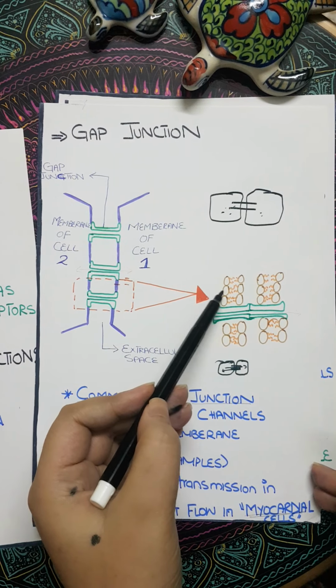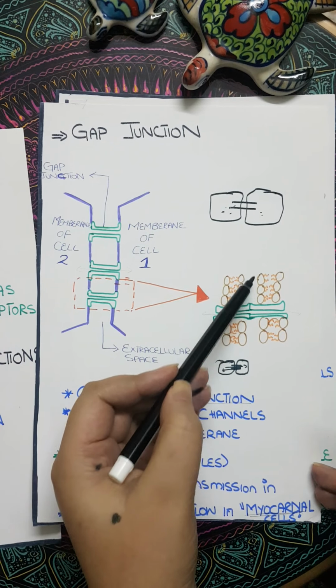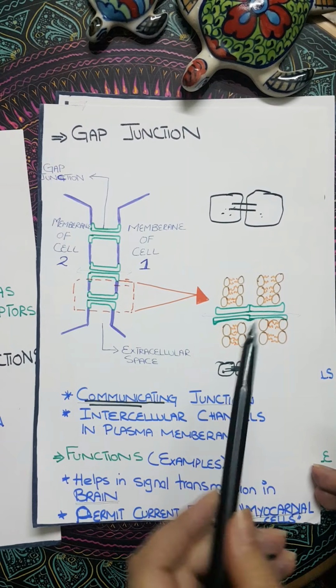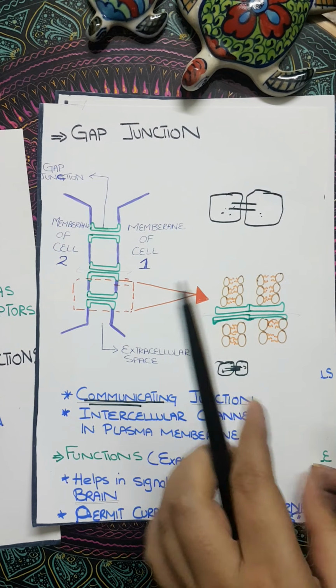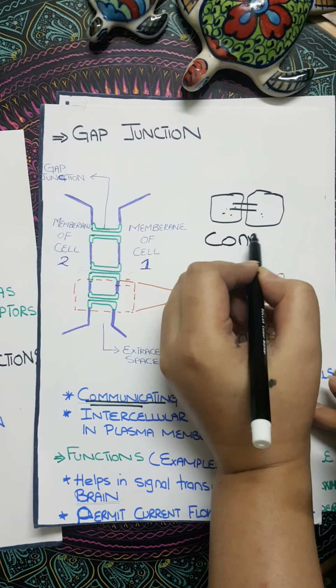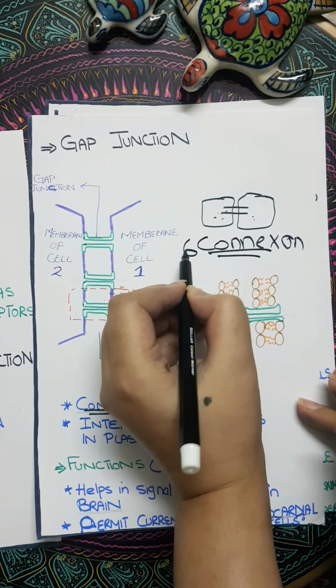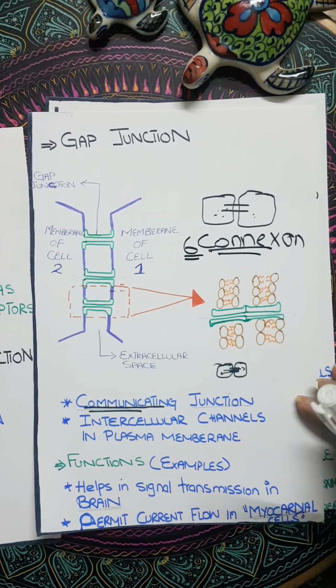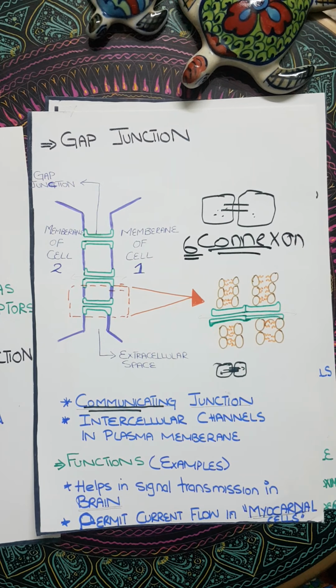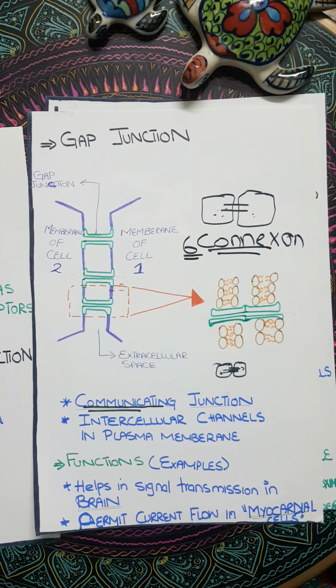This is the lipid bilayer or cell membrane of one cell, and this is of another cell. These channels are made up of 6 connexin proteins, connexons. The 6 connexin proteins form these channels, and they may help in signal transmission in the brain and may permit current flow in the myocardial cells.